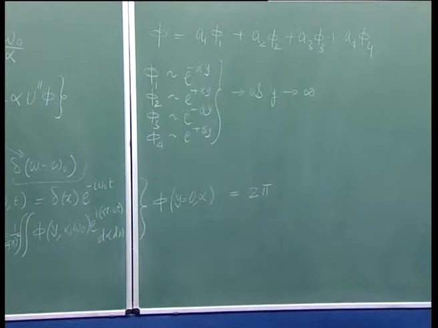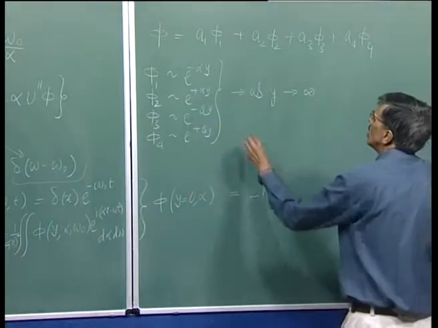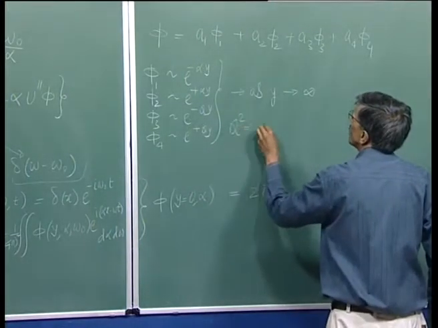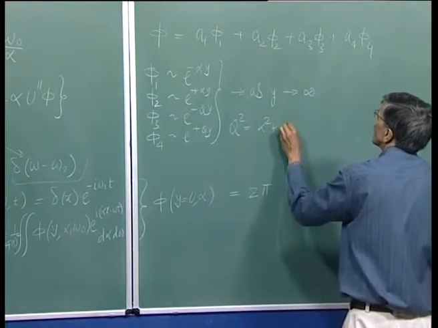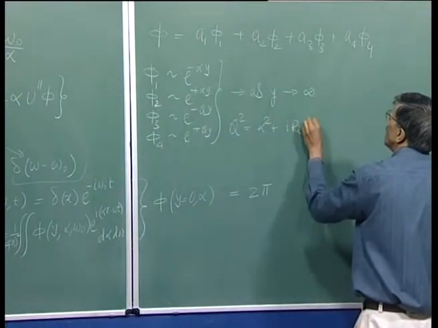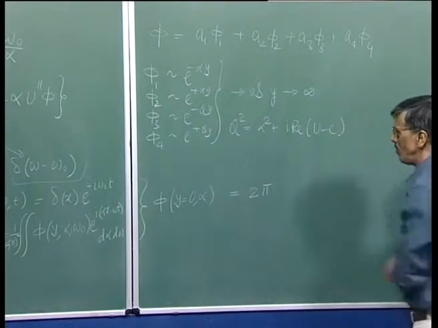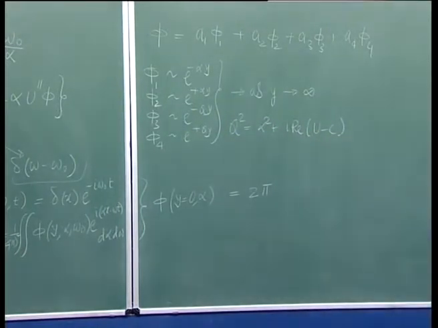as we go out of the shear layer, and you recall that q square was alpha square plus i Re (u minus c). Okay.